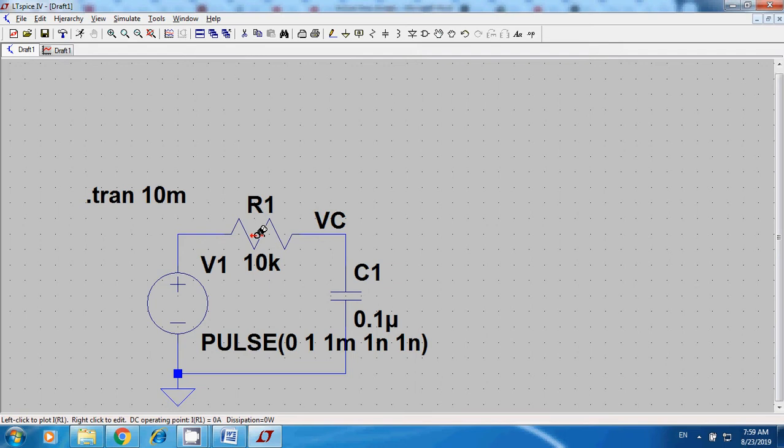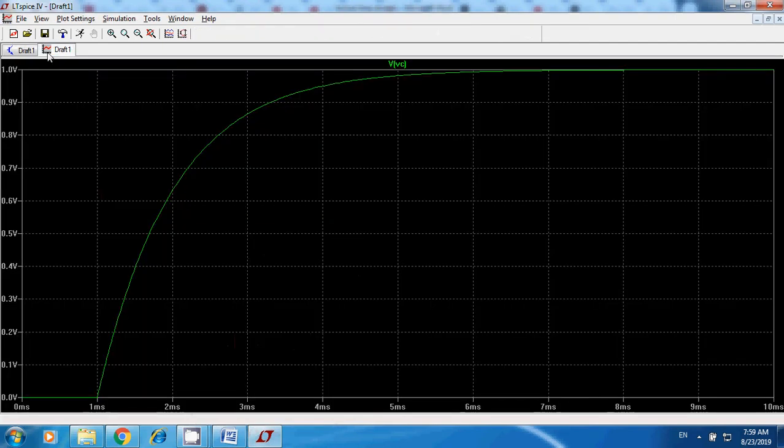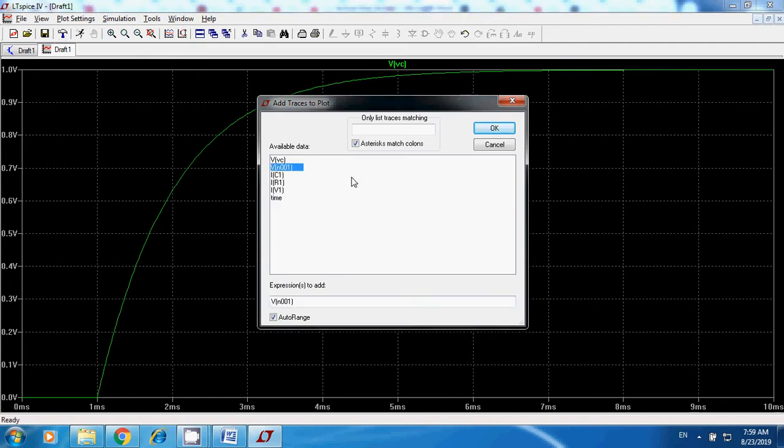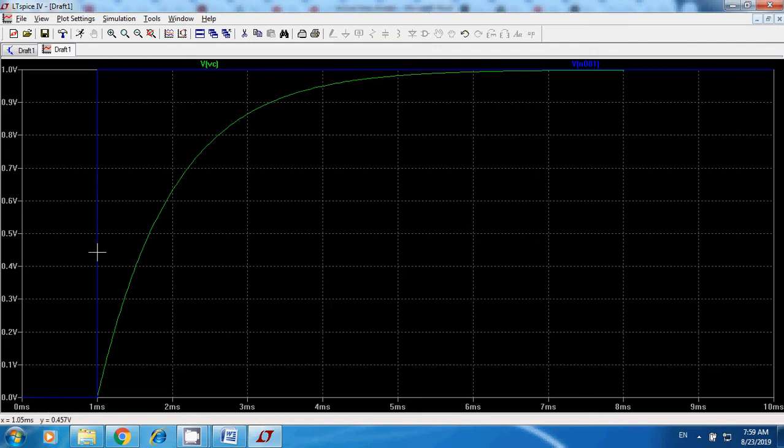It doesn't show VR1. Let's try this one again. I'm missing something. Address. What is this one? N001. That seems to be the input signal, right?